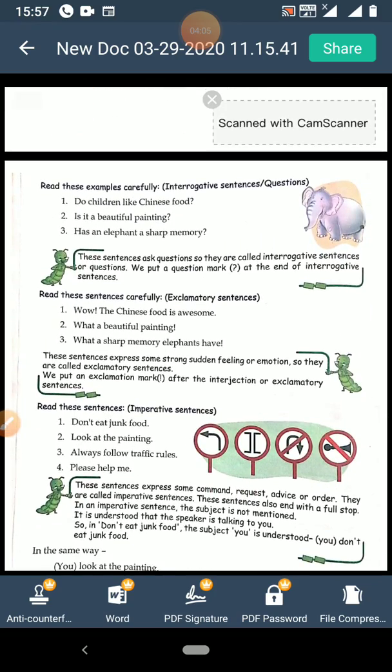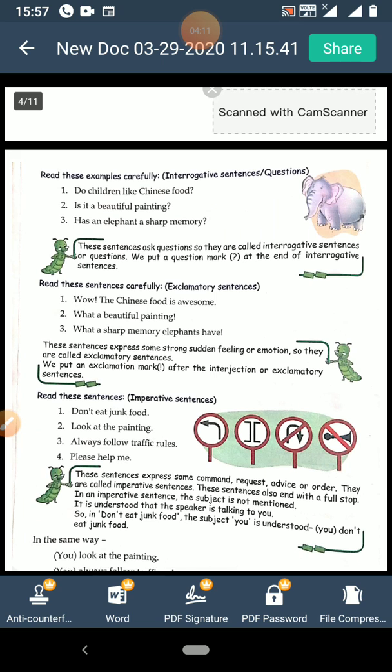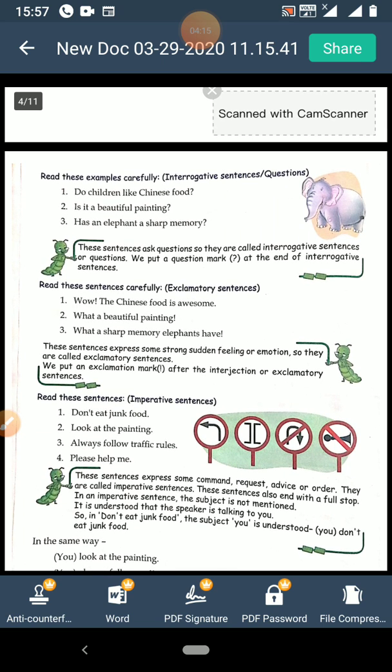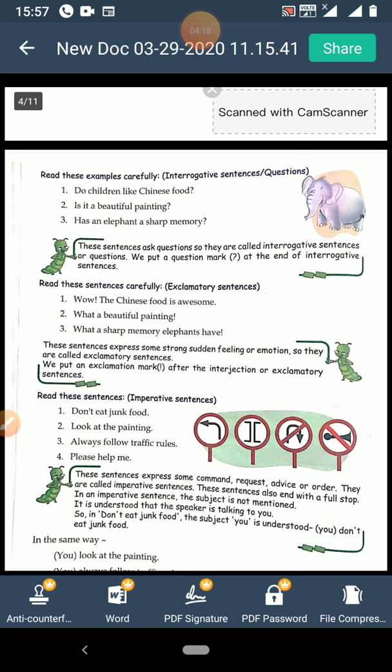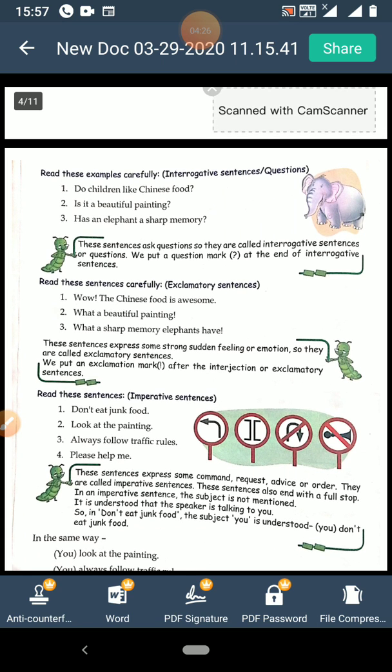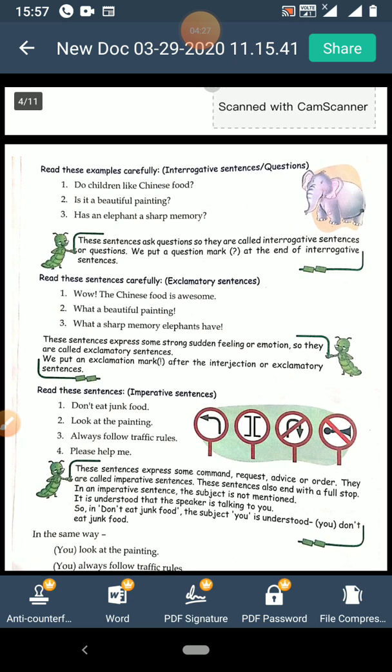Now let's know more about interrogative sentences. These sentences ask questions. They always end with a question mark. Thus all the questions are interrogative sentences and they are always followed by a question mark. Now let's look at the examples.